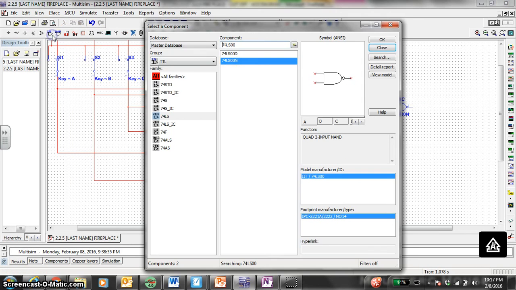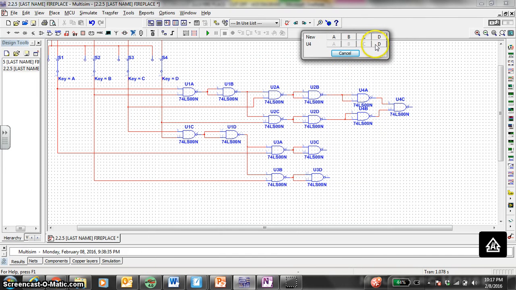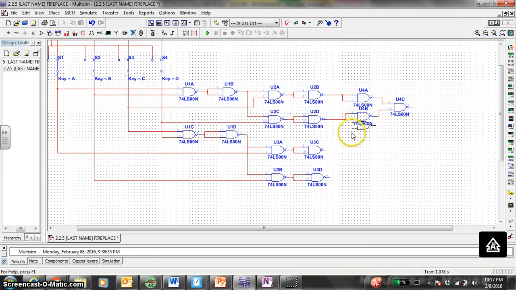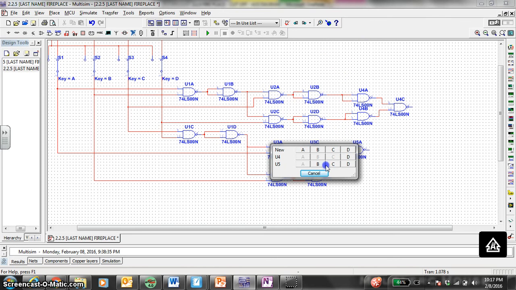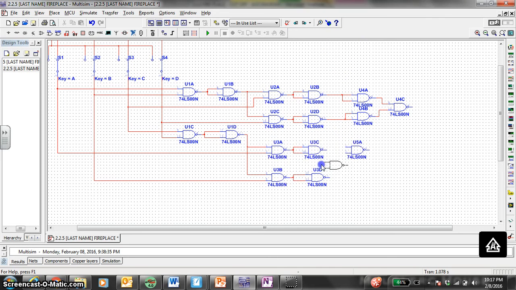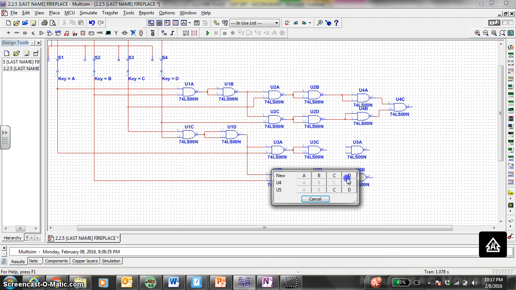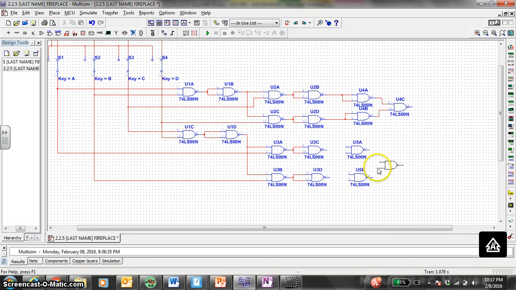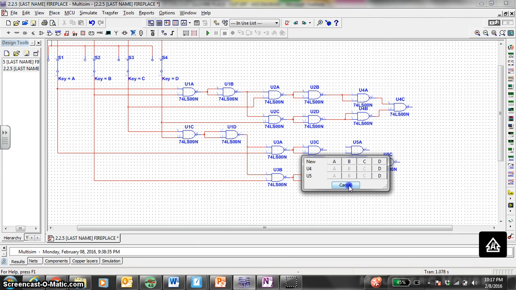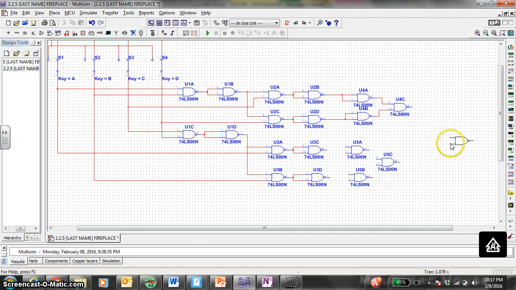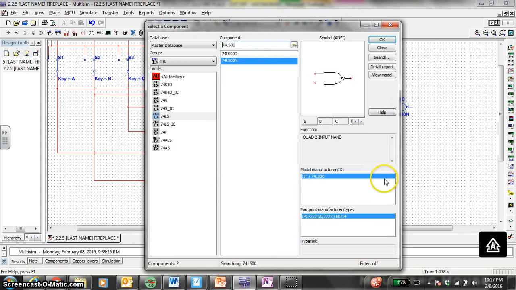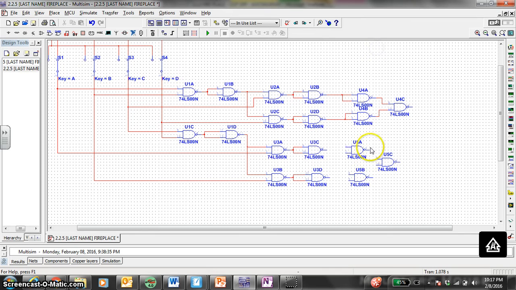So we need to place, let's do 3 more NANDs. Let's use a new chip. 1, 2, 3. Let's put the 4, close. Let's just use the 5th chip for this. So this one gets split here.